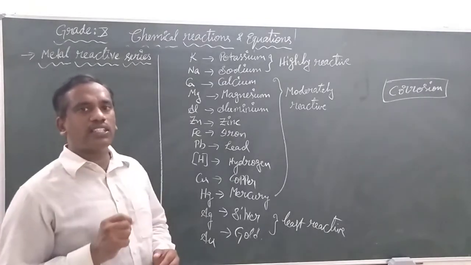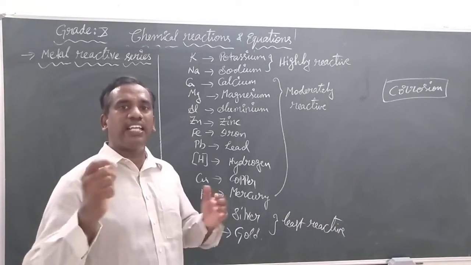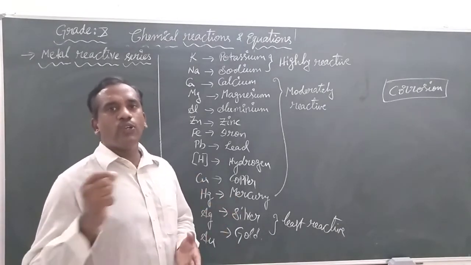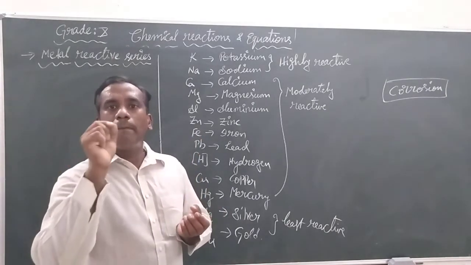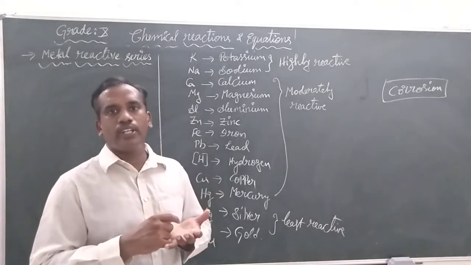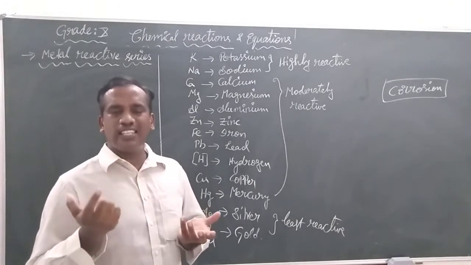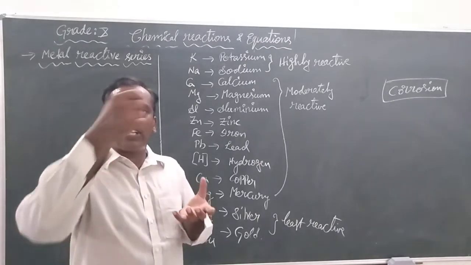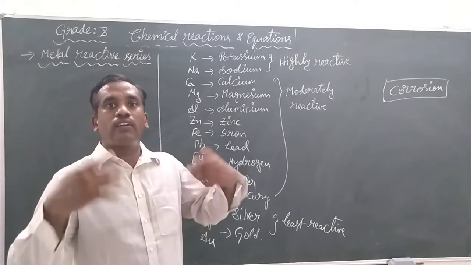Then what is the metal that is highly reactive with atmospheric gases or even with water? You take a small cup of water. In that you place a small piece of potassium or sodium. Immediately they will catch fire. Generally water is used to blow out the fire. But when you place potassium or sodium in a cup of water, it will start firing.